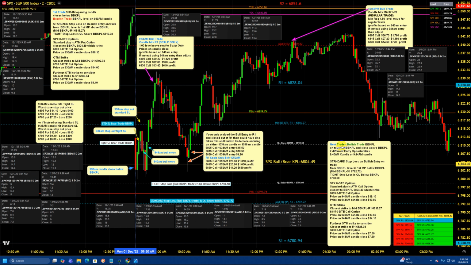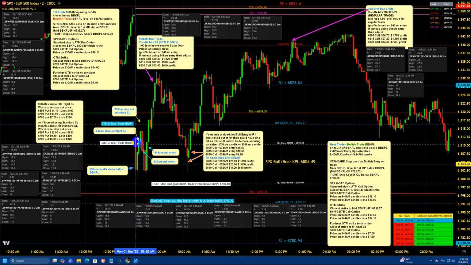The next trade is over here. I didn't really have enough room with the stuff here to put all the data boxes, so the next trade is over here, which is this. Either the 9:40 a.m. is the standard stop loss, the recommended stop loss to use.